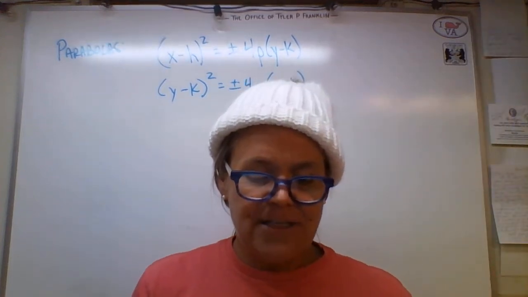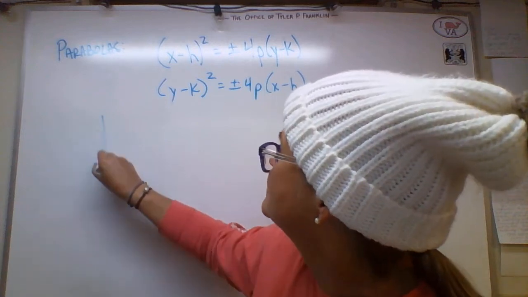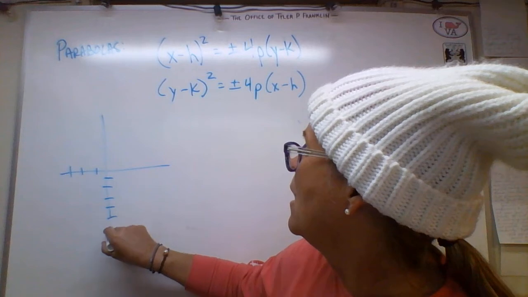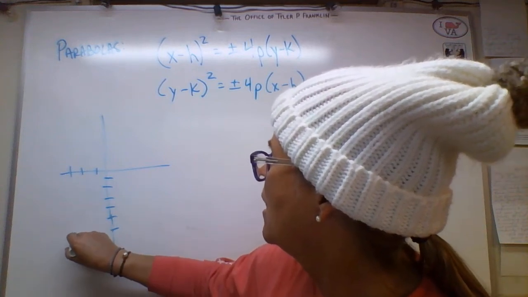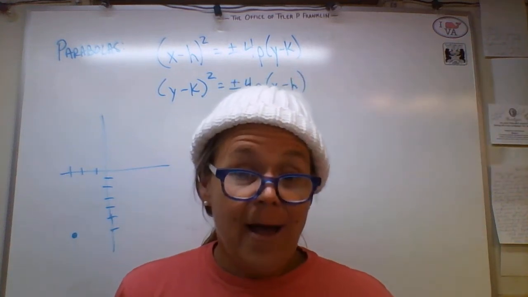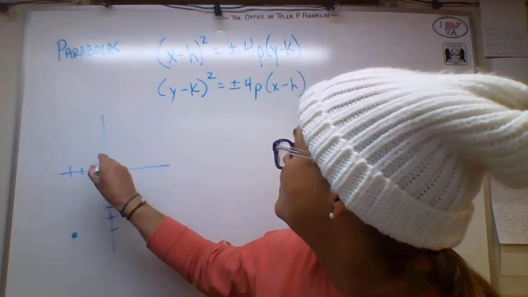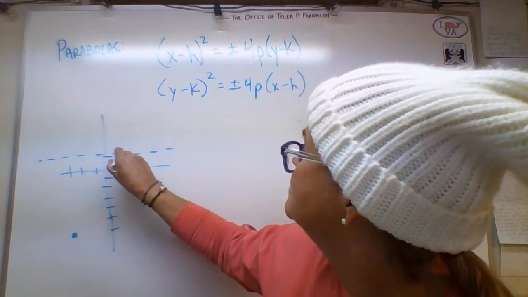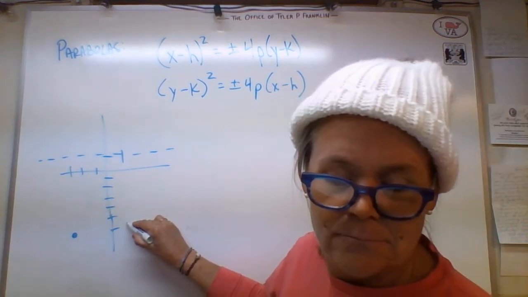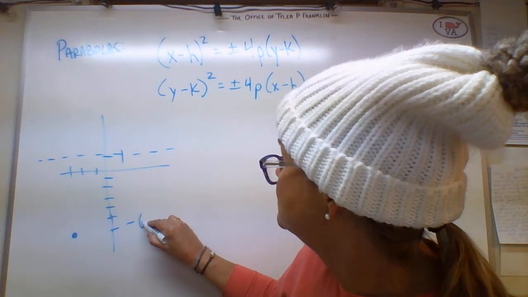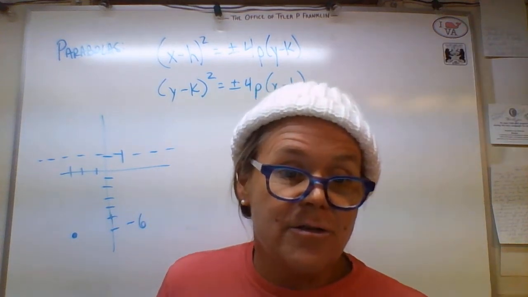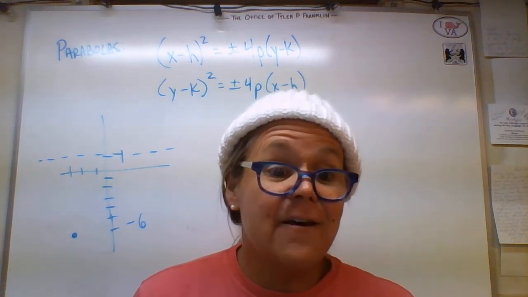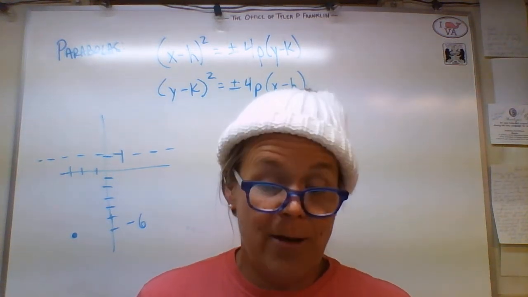Negative 3, negative 6 is the focus. Y equals 1 is the directrix. So what you have to find out is, where is the vertex? The vertex is halfway between.